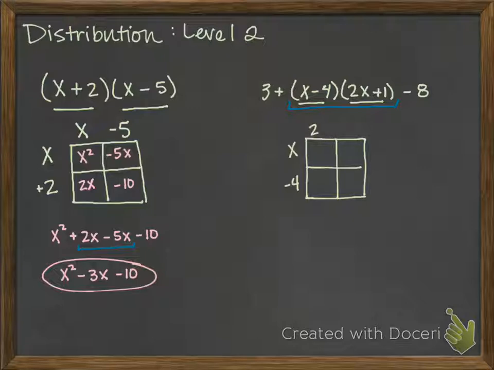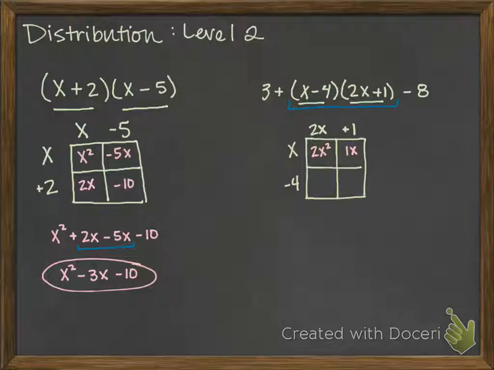And on the other side, we have a 2x and a positive 1. So we're going to go ahead and start multiplying this out. We have x times 2x, and so we will get the quantity 2x squared in our top box. We have x times a positive 1, which will leave us with 1x, or if you would just like to write x, you're more than welcome to do that.